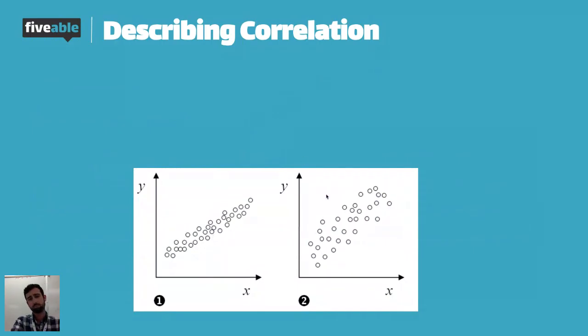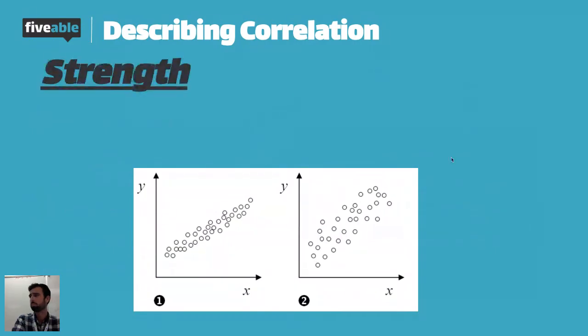Whereas graph 2 shows a weak correlation. There is definitely some spread between our points. They're not as compact. So here's a good example of strong and weak.